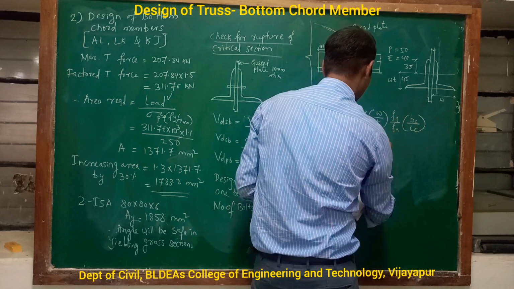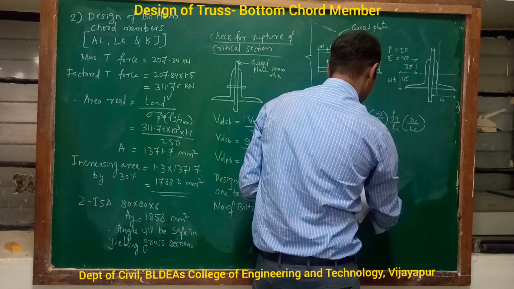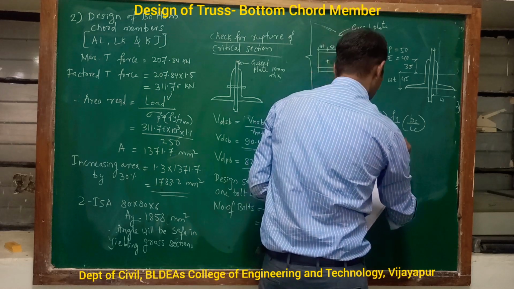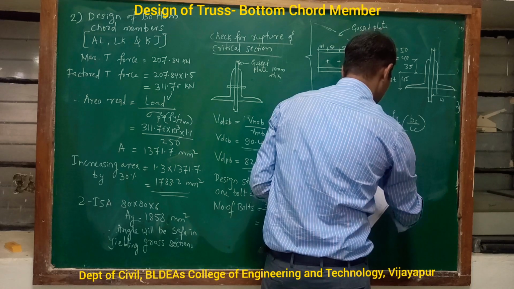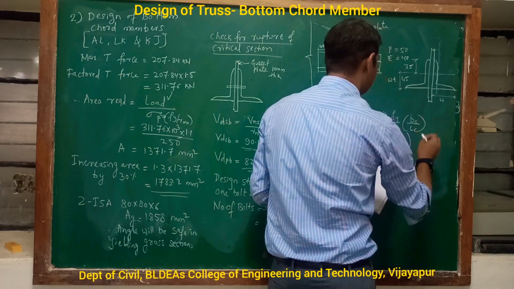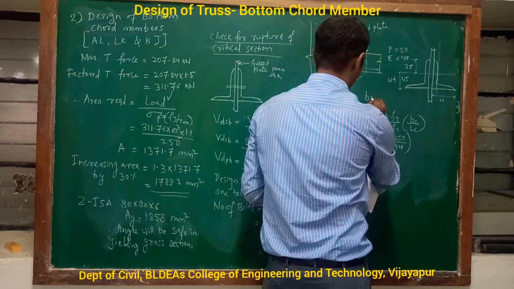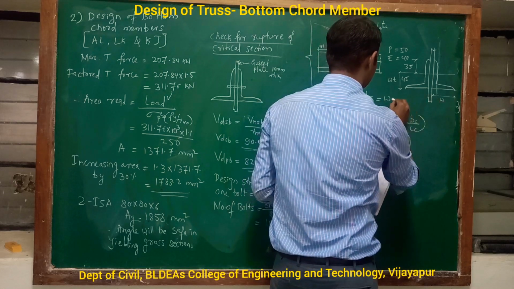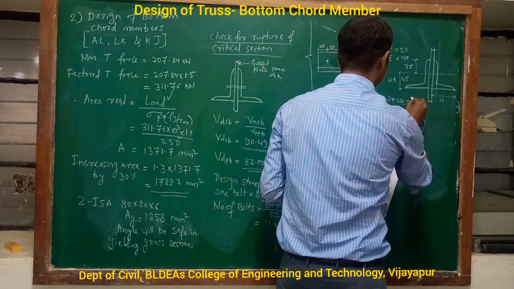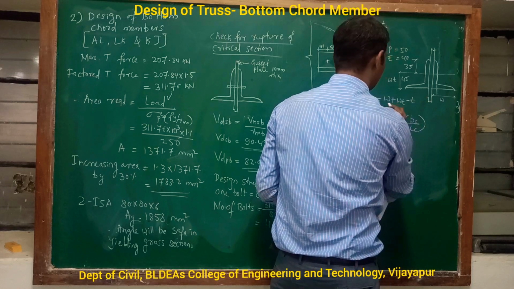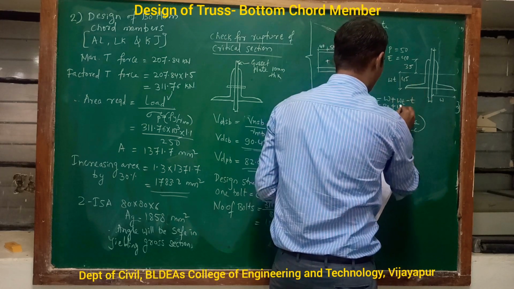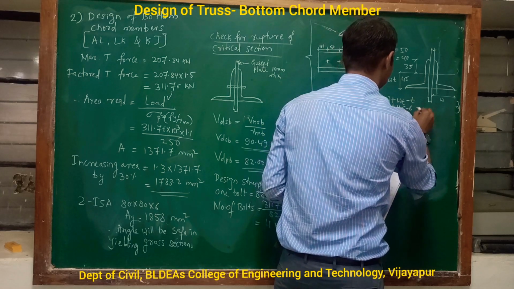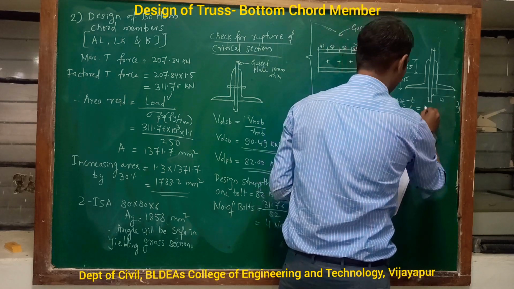W is the length of the outstanding leg, which is 80. Thickness is 6. Fy is 250 divided by 410. Now Bs is W plus Wt minus T. So W is 80, Wt is 45 minus 6, which is around 119 mm.